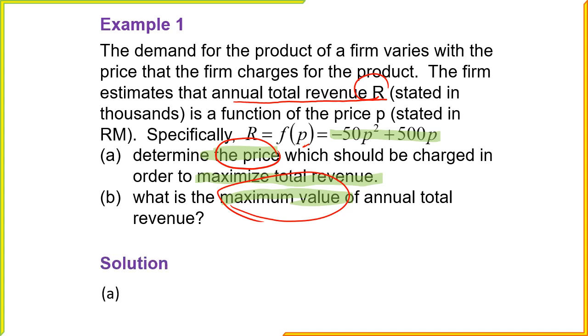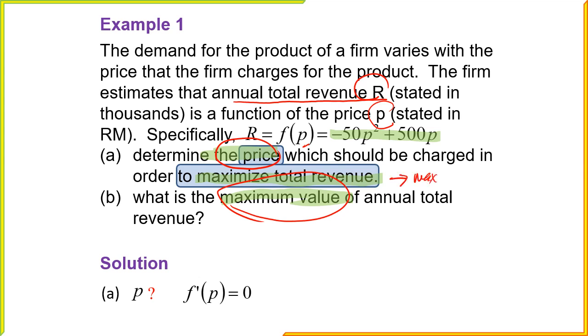Okay, so for A, we want to determine the price, which is P, when the revenue is maximized. So how to find the maximum? We relate it with the maximum point. We learned in the second subtopic to find the maximum and minimum point. What we need to do is just follow that step.